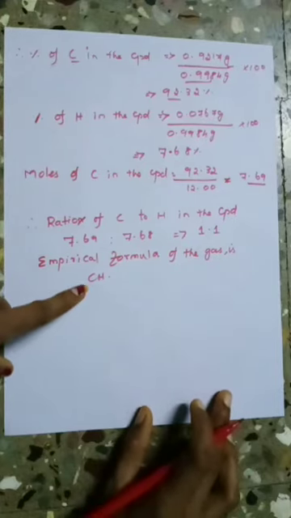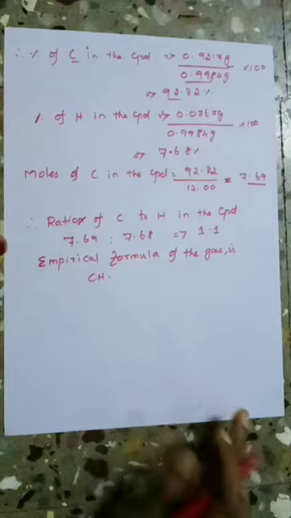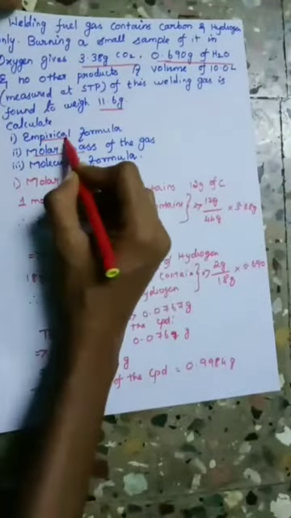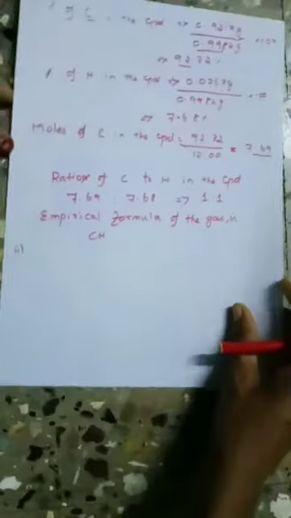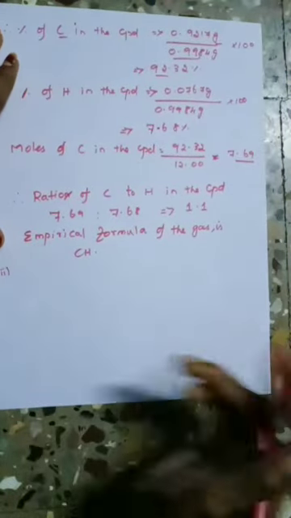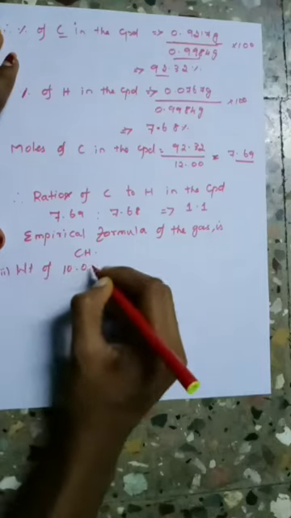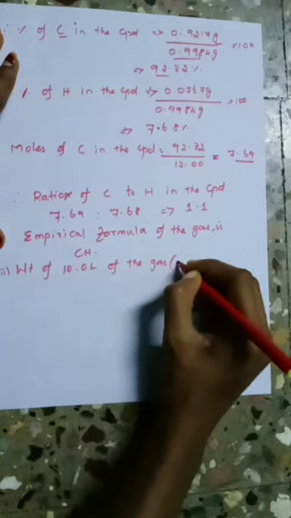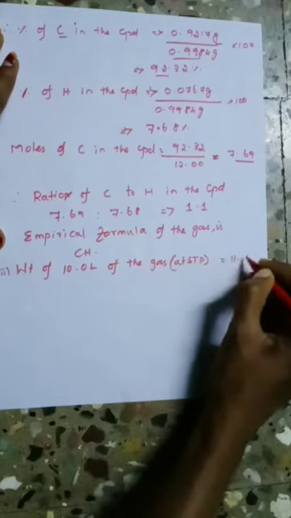In the given question there is only carbon and hydrogen. So now we have to find the molar mass of the gas. We found the empirical formula; next we find the molar mass of the gas. The weight of 10.0 liter of the gas at STP, standard temperature and pressure, is 11.6 gram.